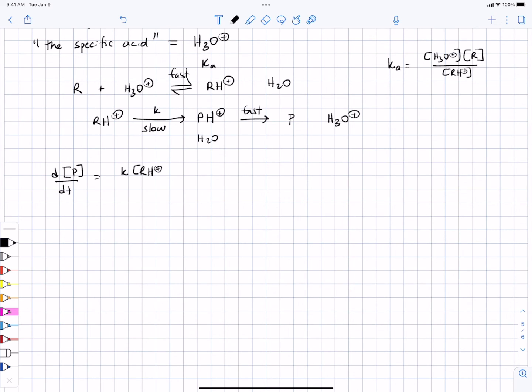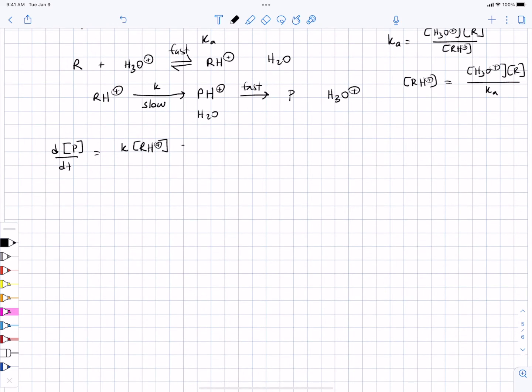So what that means is that we can rearrange that: RH+ equals H3O+ times R divided by Ka. And then we can substitute that into our expression for the rate law, to get little k times the concentration of starting material R times the concentration of H3O+ divided by Ka.